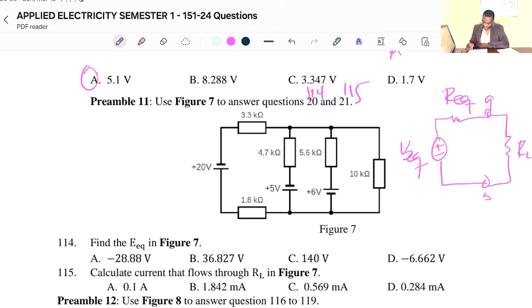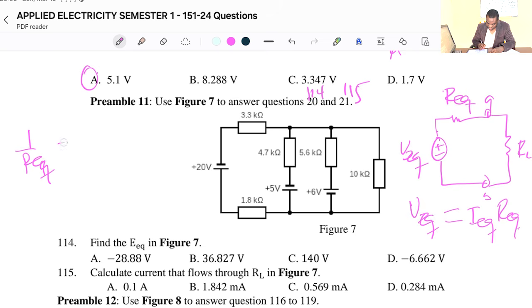Now we are asked to find the equivalent voltage. To get it, I know the equivalent voltage is equal to the equivalent current times the equivalent resistance. For the equivalent resistance, it will be 1 over the equivalent resistance of the first branch.